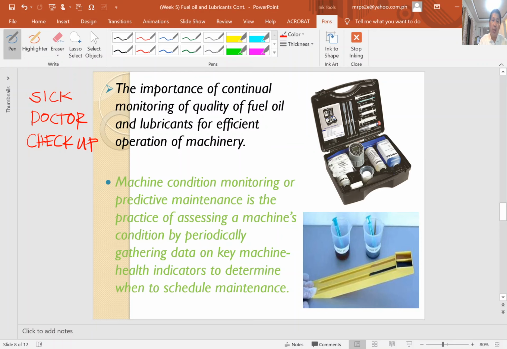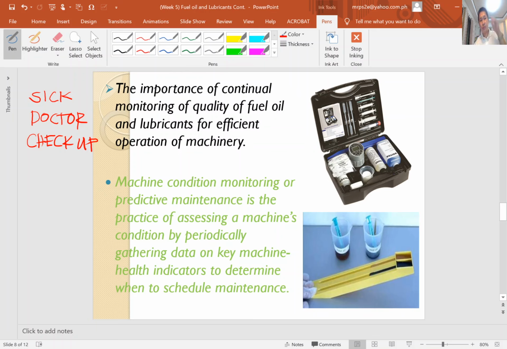Any complaint coming from you, where parts of your body are sick, the doctor will analyze based on your complaint.